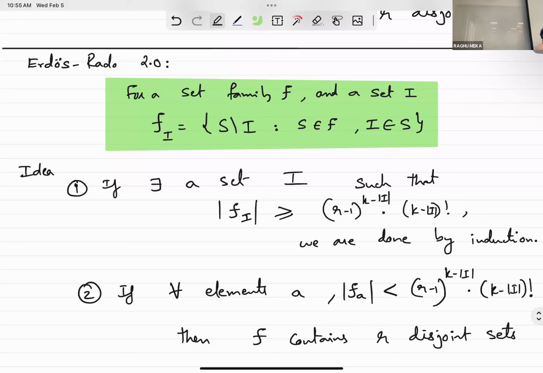All right, any questions about this? So instead of taking out one element as we did in the Erdős–Rado argument, we're going to try and use induction where I'm going to pick out more elements at a time.